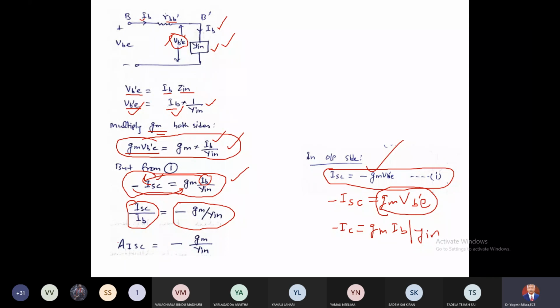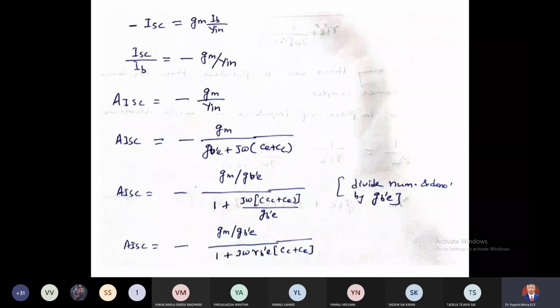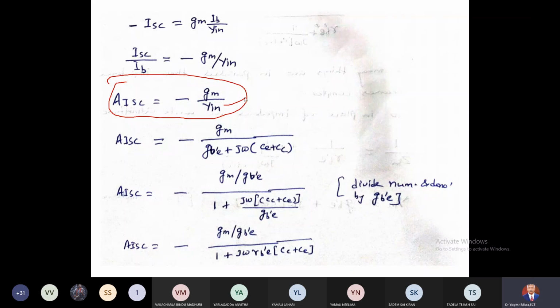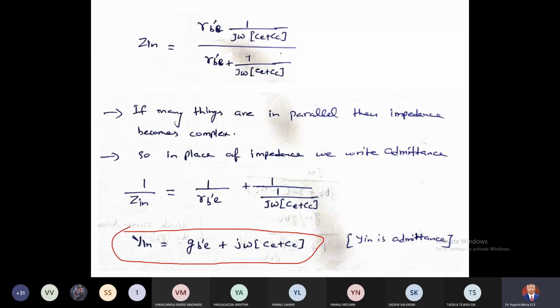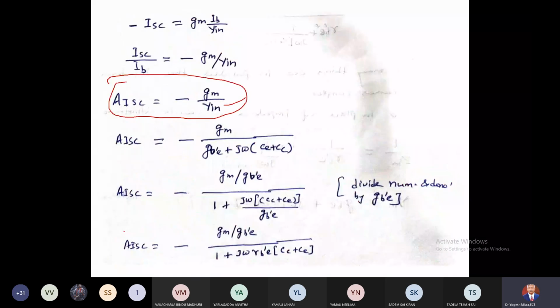And this is the short circuit current gain. This is the short circuit current gain, and it is equal to minus gm by Yin. Okay, up to here we have done. Now the Yin value from here, I will put this value in that expression.